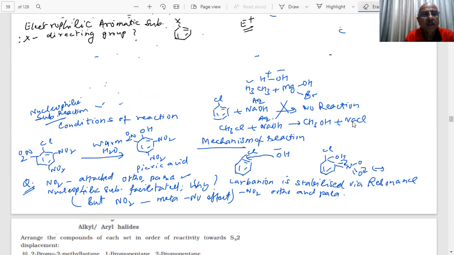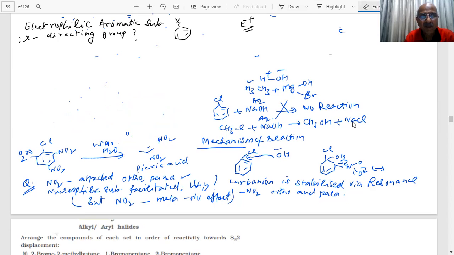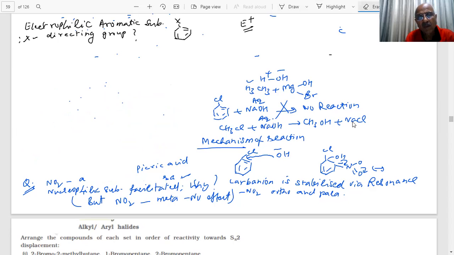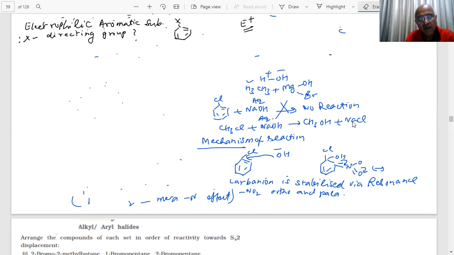It will direct the upcoming electrophile to the ortho and para positions. There should be no doubt when you say, because you will have to show it, students, in the paper.